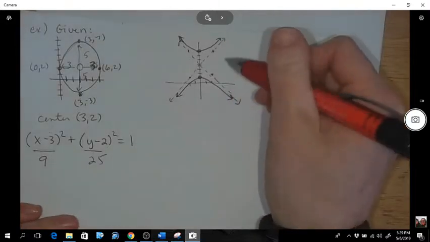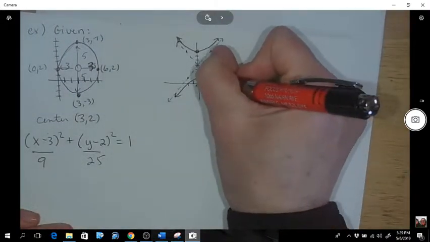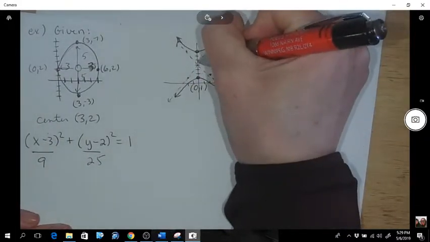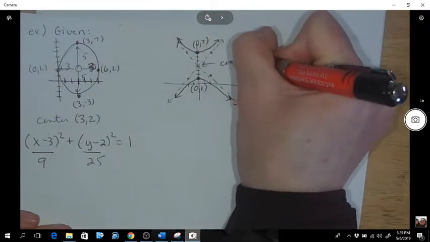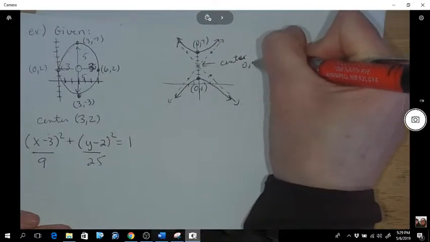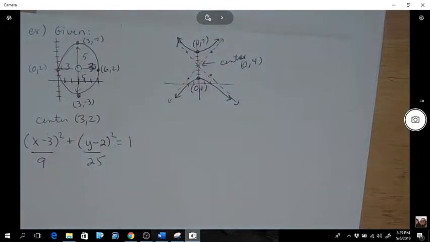Okay, last one, hyperbola. Okay, so this is the point (0, 1), and 1, 2, 3, 4, 5, 6, 7, (0, 7). So my center is 0, and that should be 4 then.